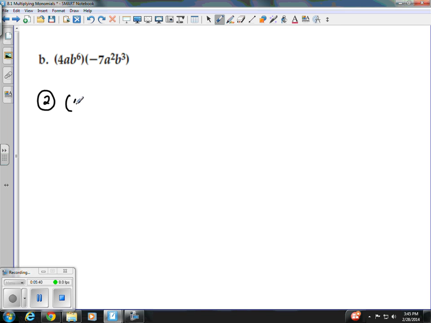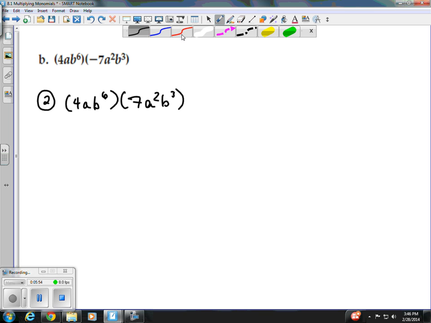Example 2. We have 4a b to the 6th times a negative 7 a squared b to the 3rd. Now, first step, multiply coefficients. So we have 4 times a negative 7, times, and then we have our variables.